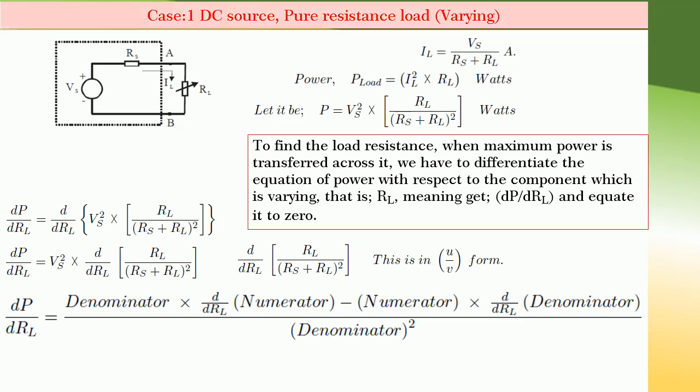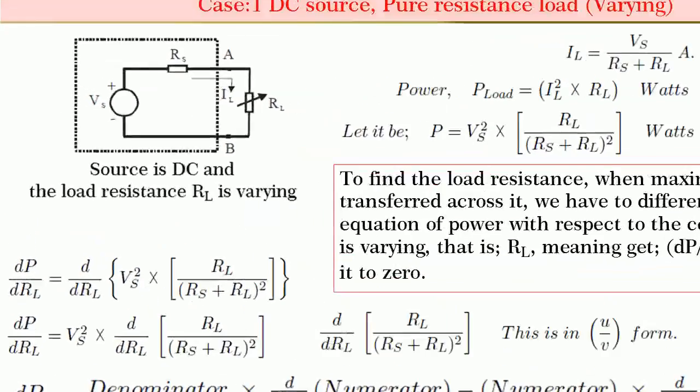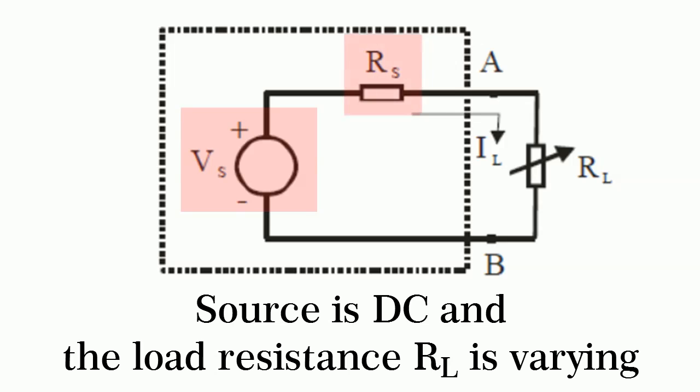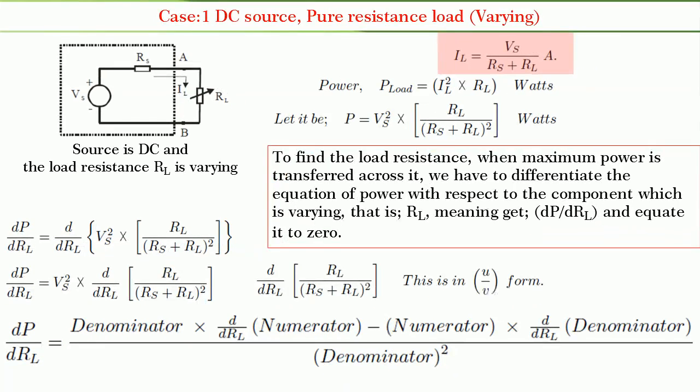Friends, first let us take case 1. In this case, the source is DC and the load is pure resistance varying as shown in figure. We know that IL is equal to Vs divided by Rs plus RL amperes, and P load is equal to IL squared into RL.